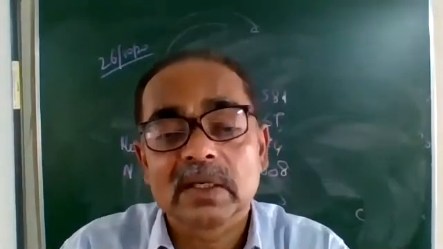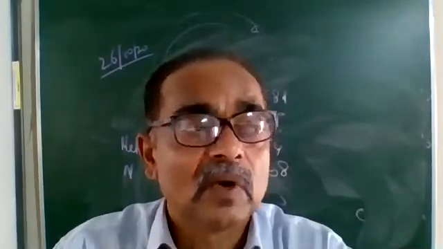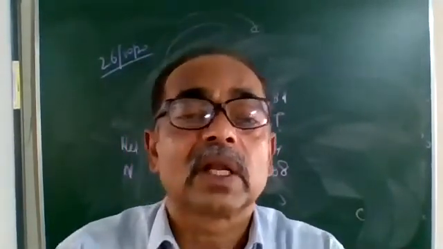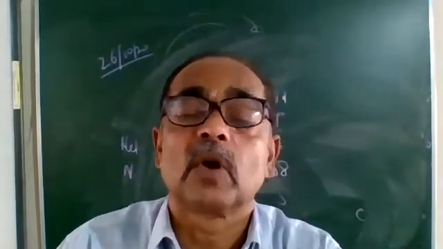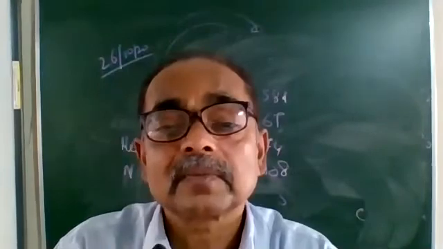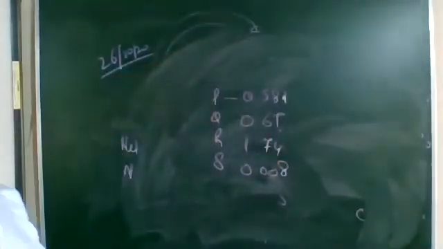If you know the position of elements in the periodic table, one can even predict the properties of that element, and we can even write the molecular formula of the compound formed when it combines with so and so. These are about the properties of elements in periods and groups.